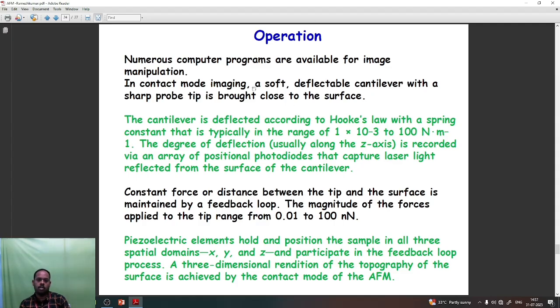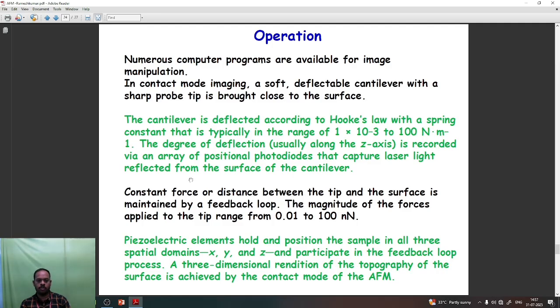In contact mode imaging, a soft deflectable cantilever with a sharp tip is brought close to the surface. The force is calculated based on Hooke's law. That force is monitored through the deflection of the cantilever tip, which is again converted into images through electrical signals.